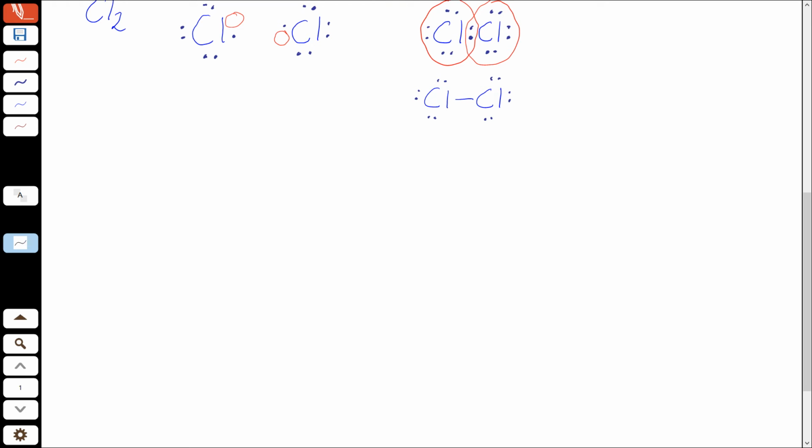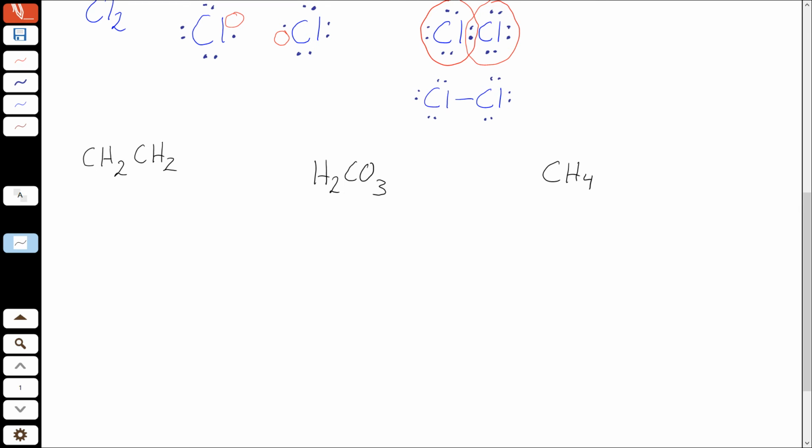All right, so here are some organic molecules that we're going to try to draw some Lewis structures of. I'm going to list a few, and then I'm going to ask you to try to draw some Lewis structures of those molecules. Sound good? All right, so here are 3 carbon-based molecules.